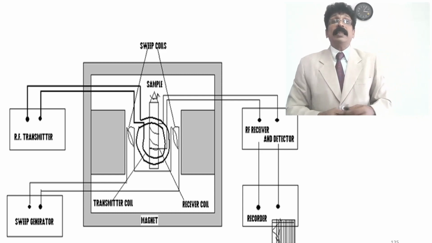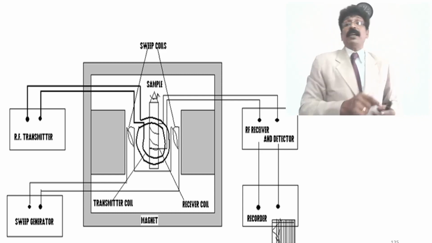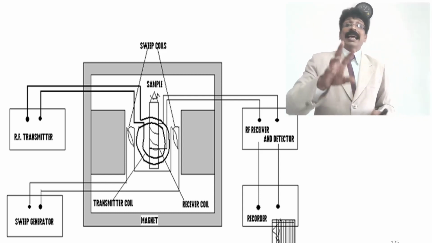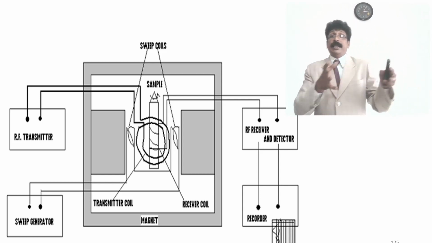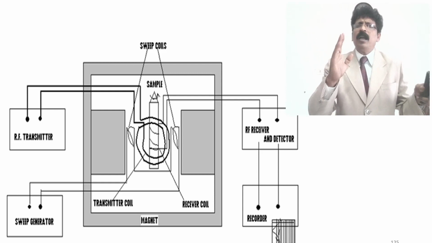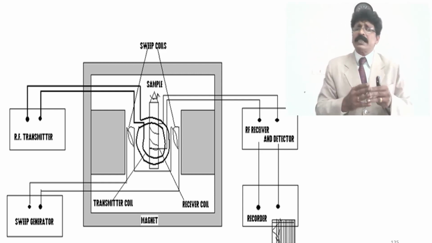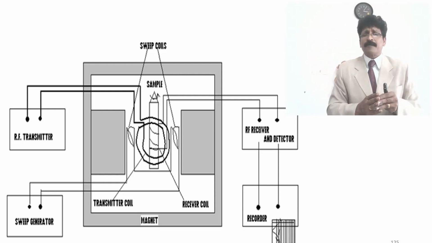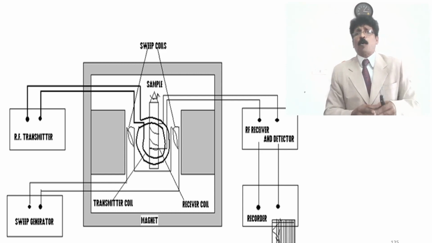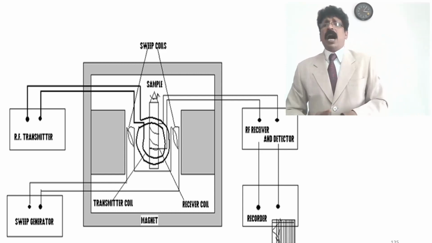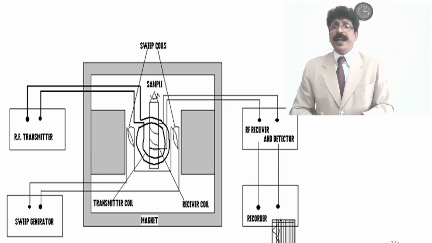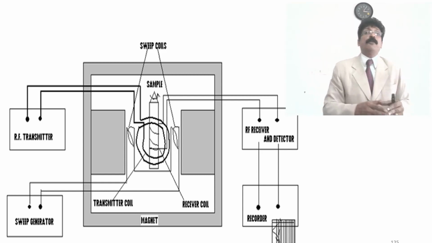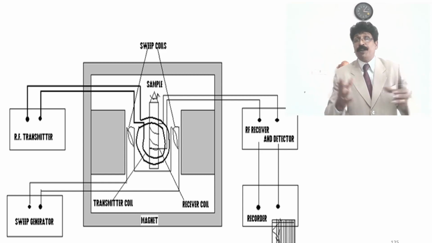And this is a known frequency you are giving, usually 90, 80, certain frequencies given for the individual samples which you are going to analyze. Whether you want to analyze proton, carbon, nitrogen, chlorine or fluorine, according to that the radio frequency should be supplied by the transmitter.